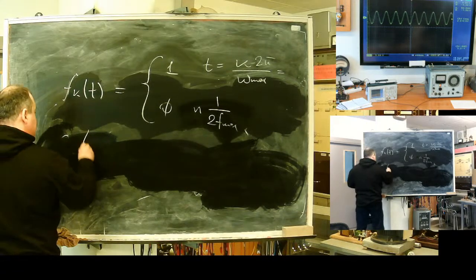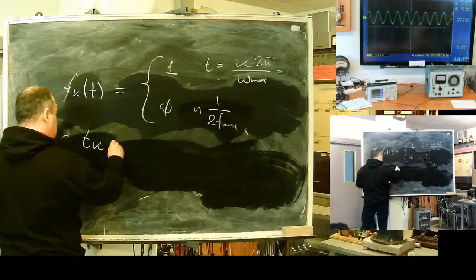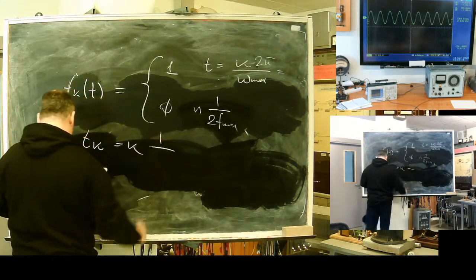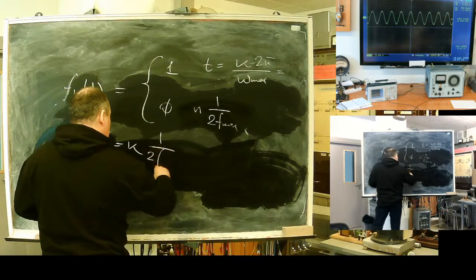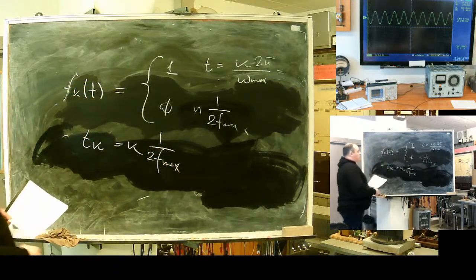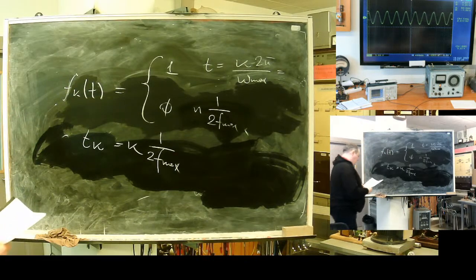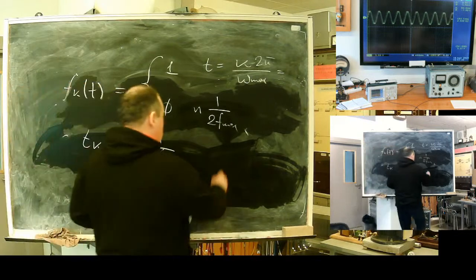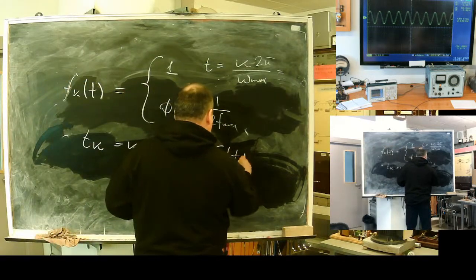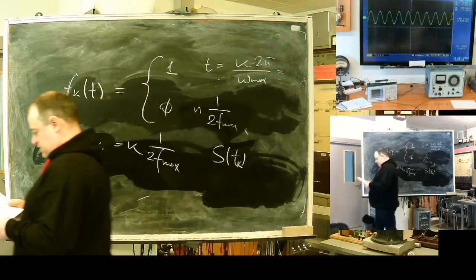So at the interesting moment, it can be multiplied by k, being k divided by 2 f max. In the whole Fourier series we have only one member, and it equals the signal value at t_k. It equals the signal value at this point.